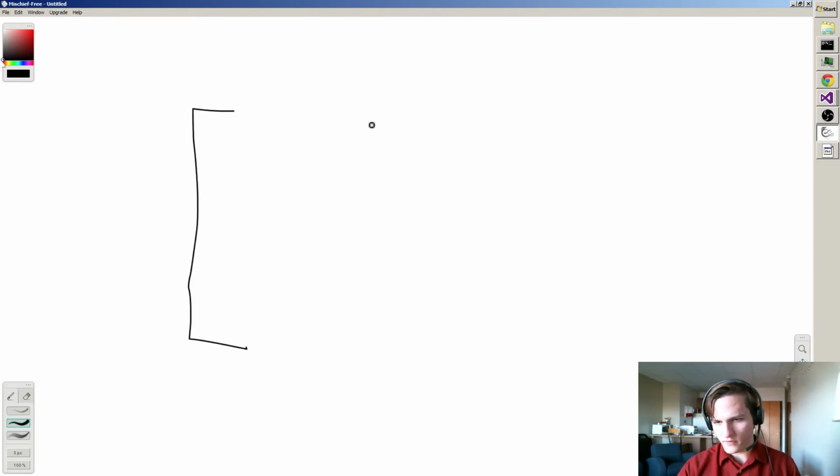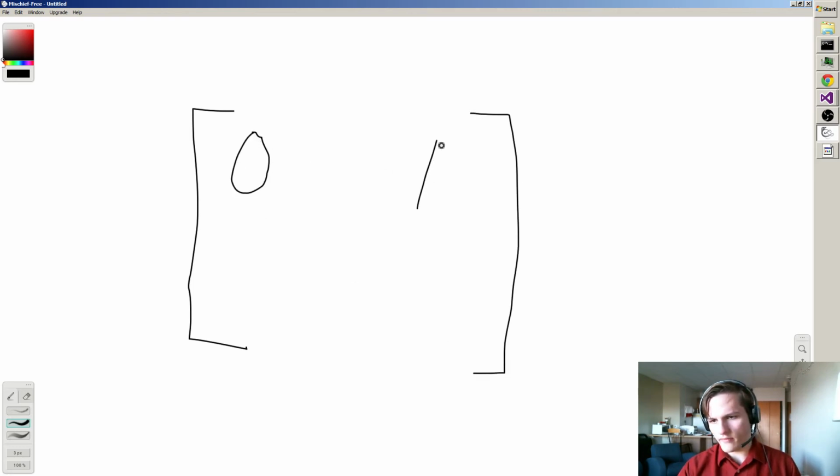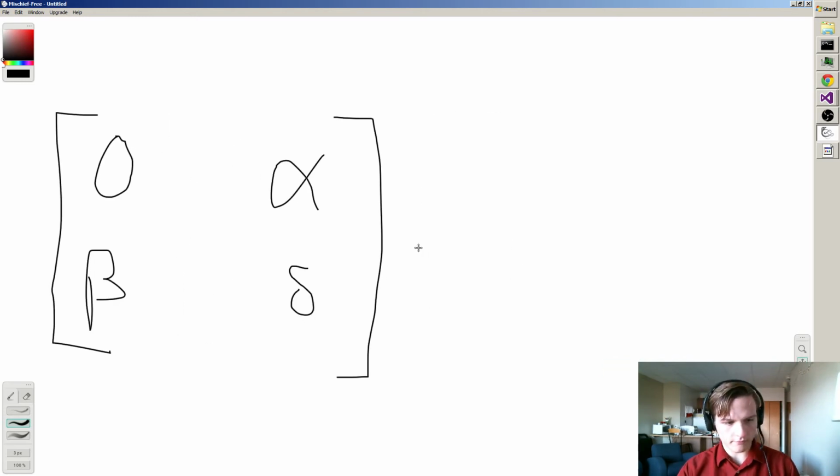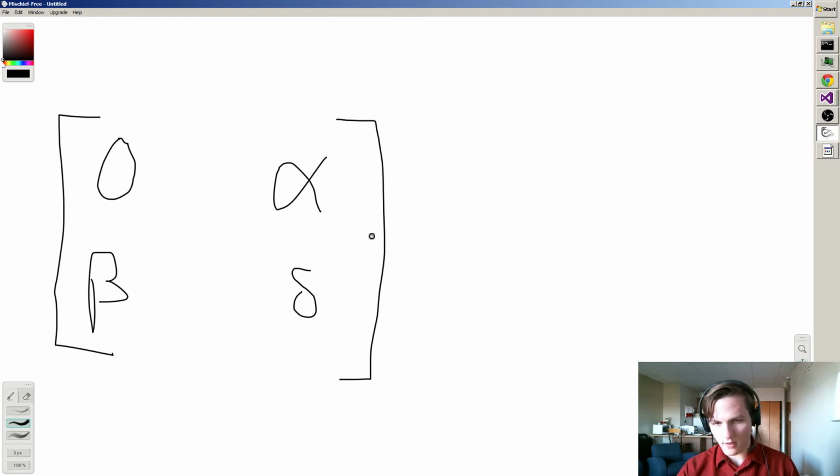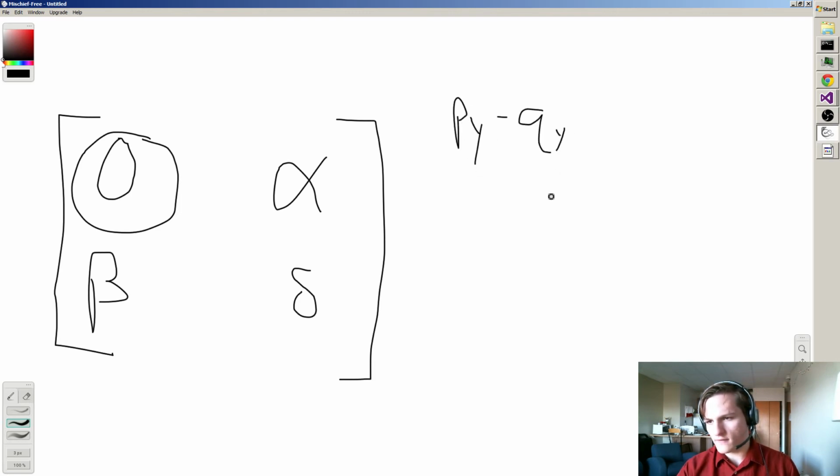So, first of all, if you have a 0 here, and you have non-zeros in these locations, so I'll call them alpha, beta, and I believe this one is delta, all of which are non-zero, then that means this right here is the first equation, py minus qy. So you have a situation where your first line looks like this, basically, and your second line is like that, right?